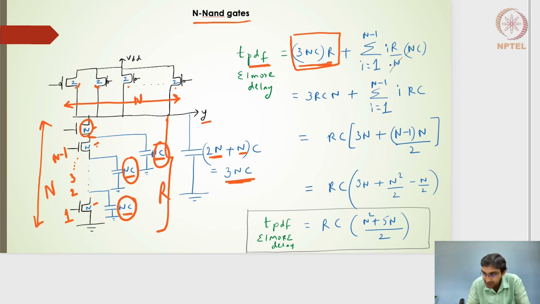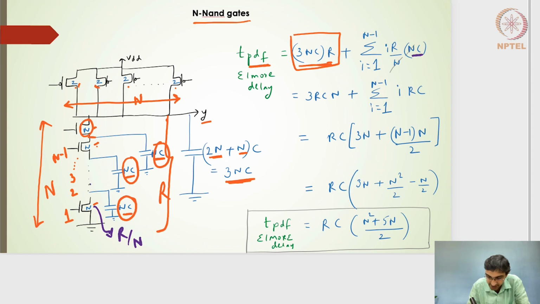So what I've done is I've taken a summation, where i goes from 1 to n minus 1 transistors, and its intermediate diffusion node capacitance is nC, and its equivalent resistance in this case I am taking as iR by n. So each of these transistors is showing a resistance of R by n.